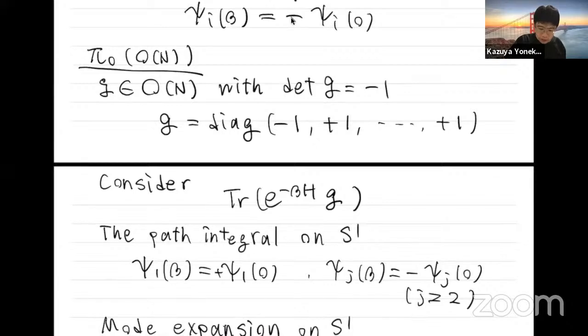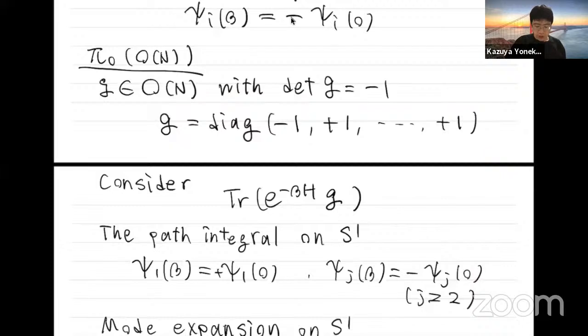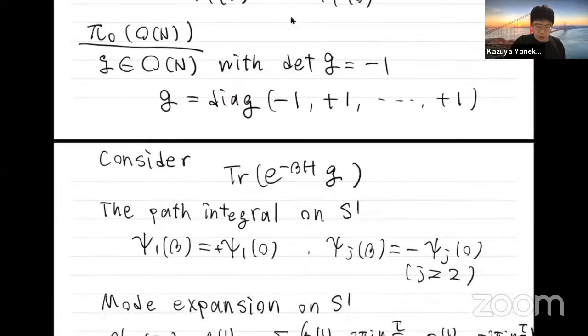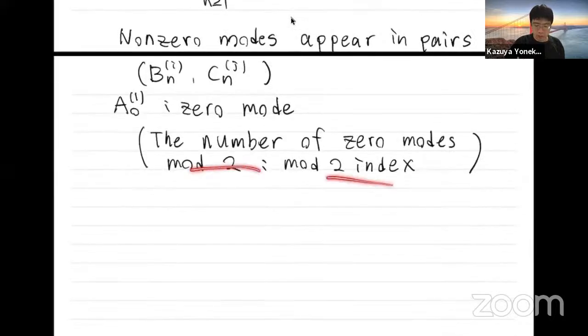I chose this explicit matrix, which is a diagonal matrix, but we could have chosen other matrices with the property that the determinant is -1. However, no matter what matrix we use, it turns out that the number of zero modes mod 2 is always the same. That is just determined by the determinant of the matrix. So this index, the mod 2 index, is a topological invariant.